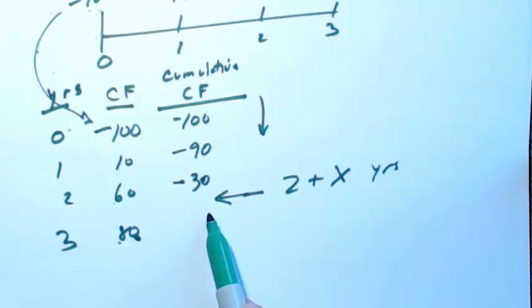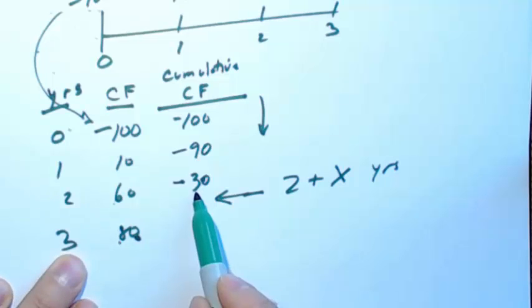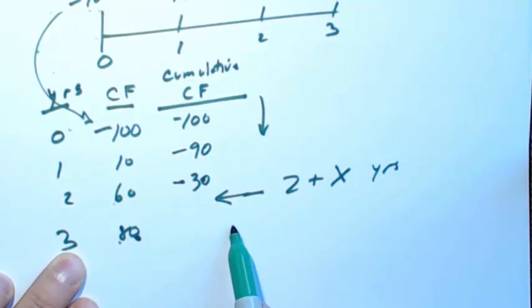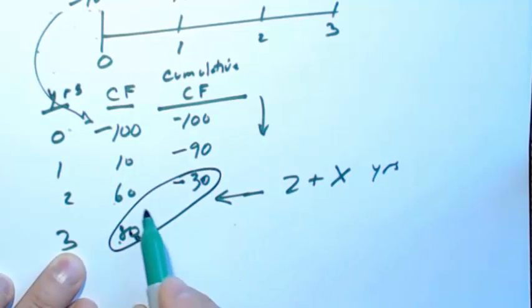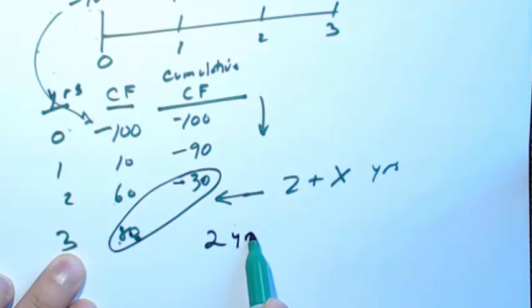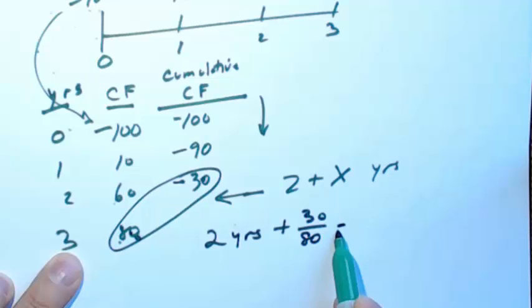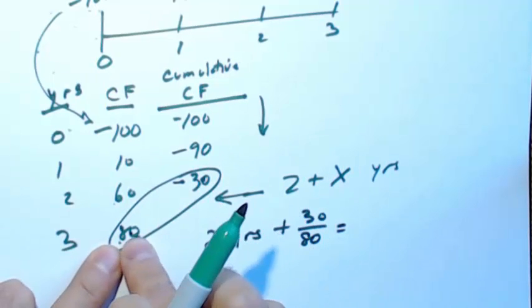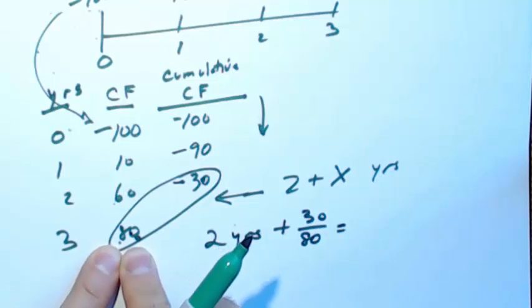Now, what is that cutoff point? Well, we are going to take this $30, right? We need to get to the point where we recover this $30 using this $80. So it's going to be 2 years plus 30/80ths of the year. We're going to assume this $80 comes in nice and smoothly throughout the time period.